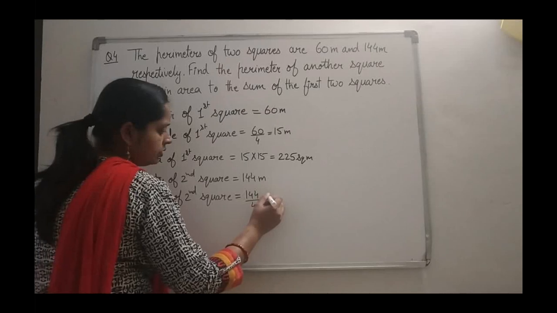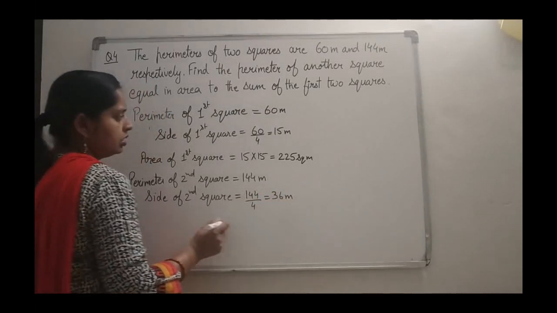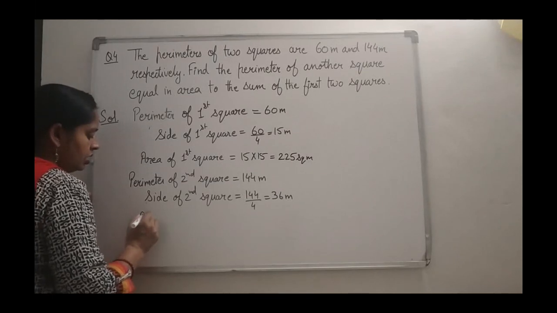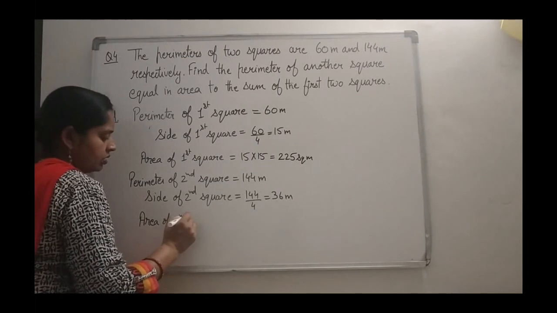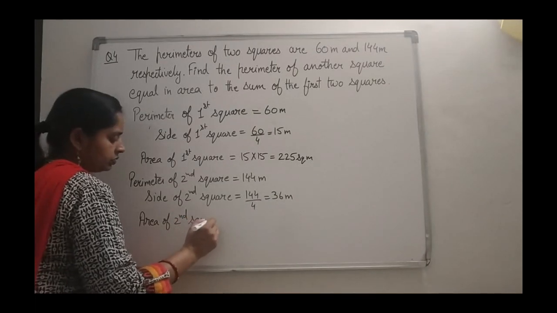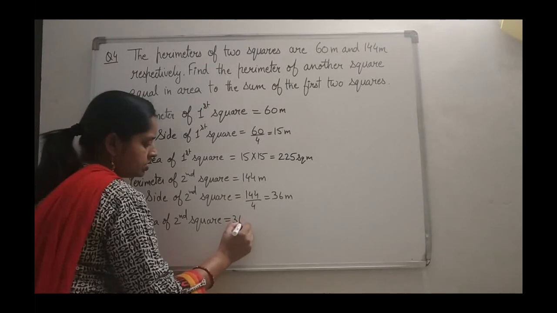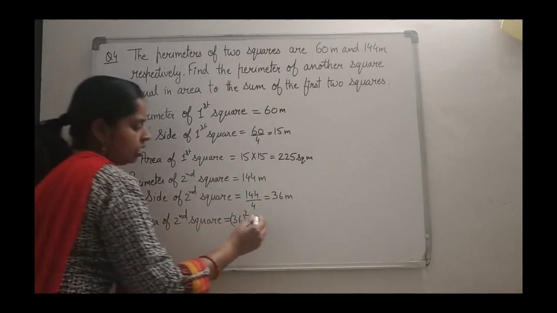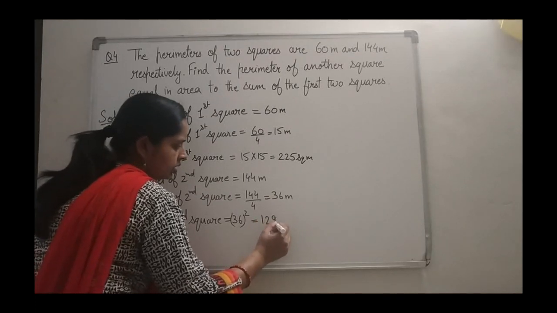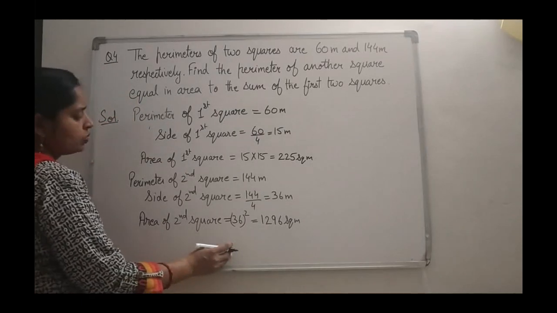So how much you will get? 4 3s are 12 and 4 6s are 24. So 36 meter is the side. So area we have to find. Area of second square will be equal to how much? 36 into 36, that is 36 square, and 36 square is how much? 1296 square meter. That is the area of the second square.